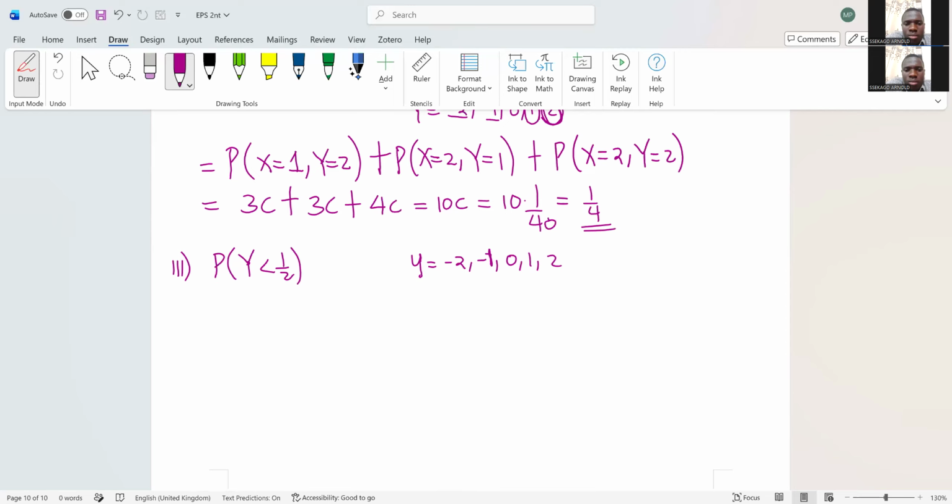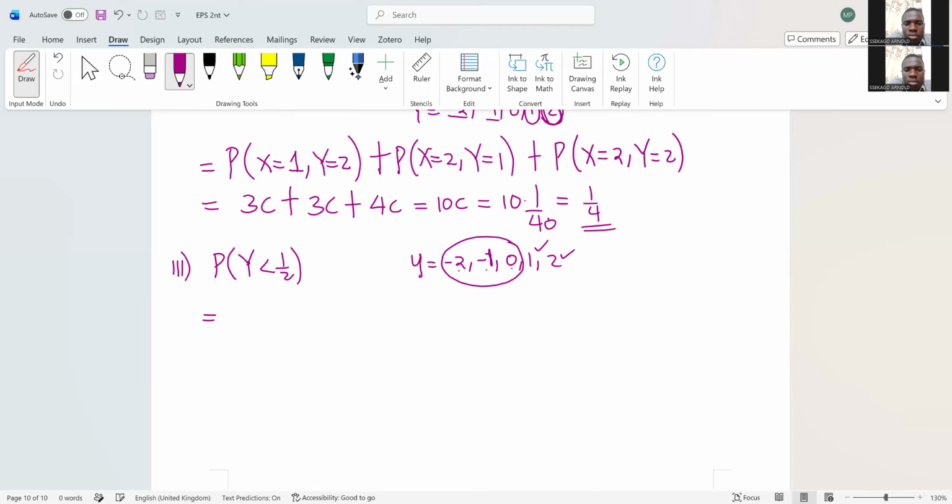So for Y to be less than a half, look at 2. 2 is above a half. 1 is also above a half. But 0 is less than a half. -1 is less than a half. -2 is less than a half. So these are the cases where Y is less than a half.